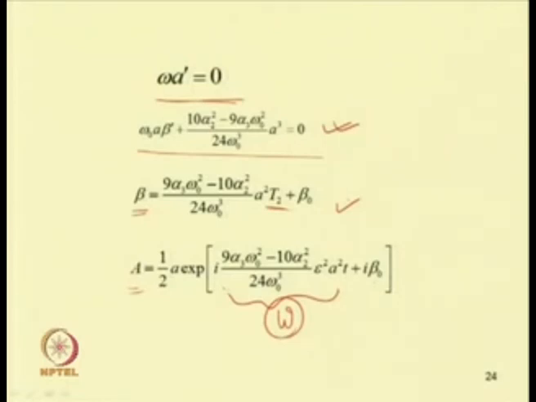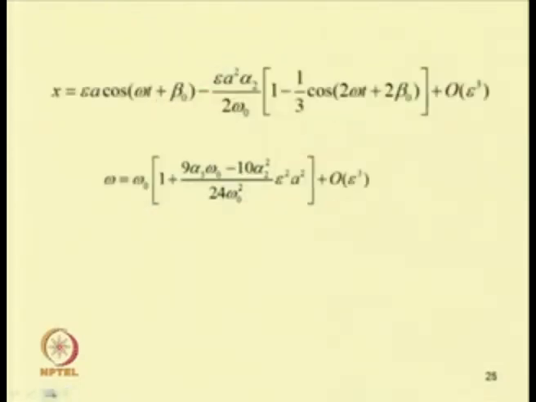In the linear system, the response frequency was omega 0, but in this case the response frequency is this omega, which is no longer omega 0, but equal to (9 alpha 3 omega 0 square minus 10 alpha 2 square) by 24 omega 0 cube epsilon square a square.